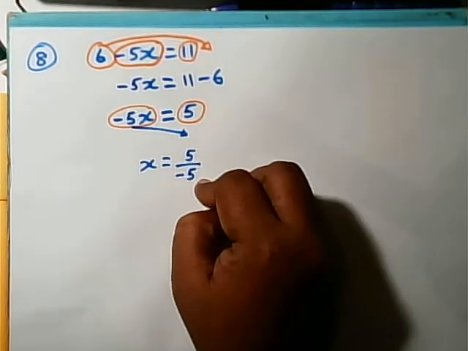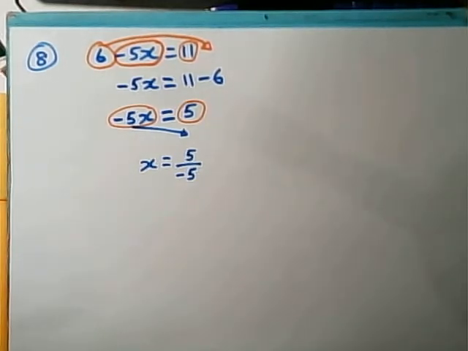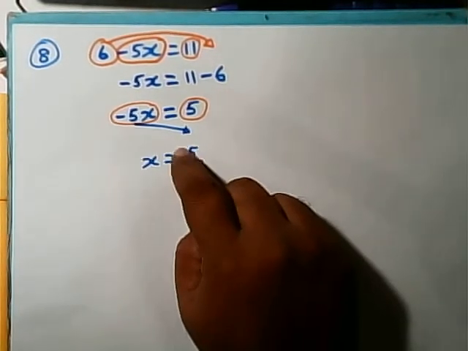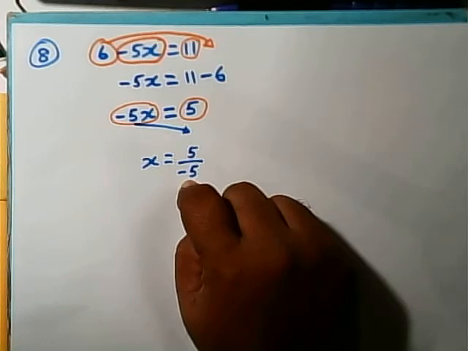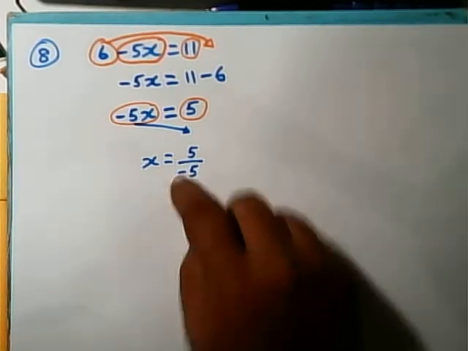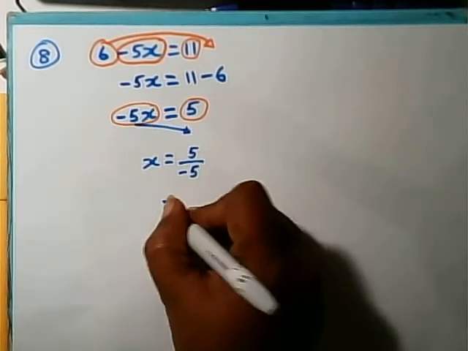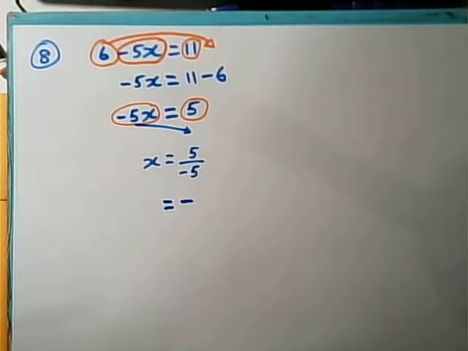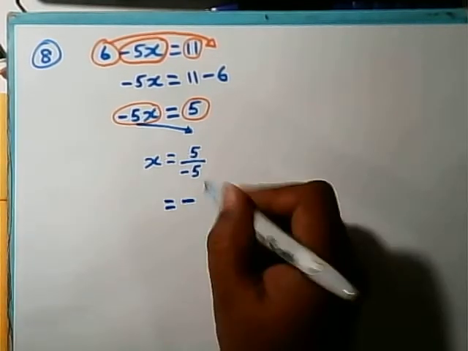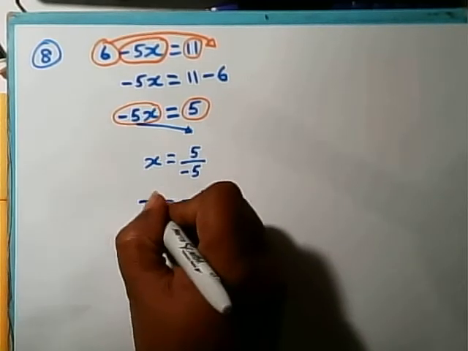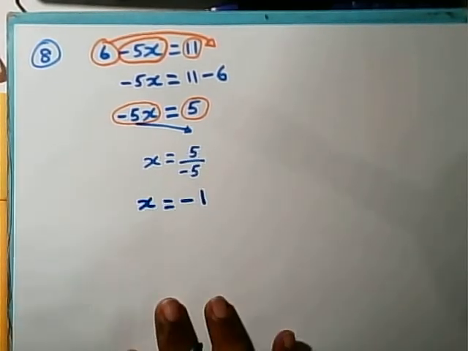So you end up with this. Are the signs above and below the same or different? Different. If the signs are different, the answer would be a negative answer. 5 divided by 5 is 1. So your answer is x equals minus 1.